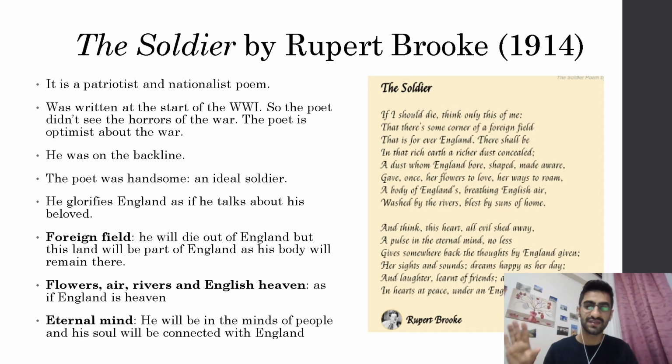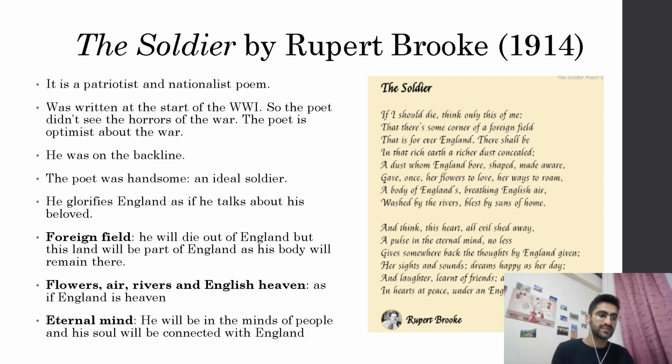Because he is an Englishman, his corpse, his body, his flesh is English. So this land will become part of England because an English soul is remaining in this land. That is why he's saying it is forever England, because the body will be laying there forever.